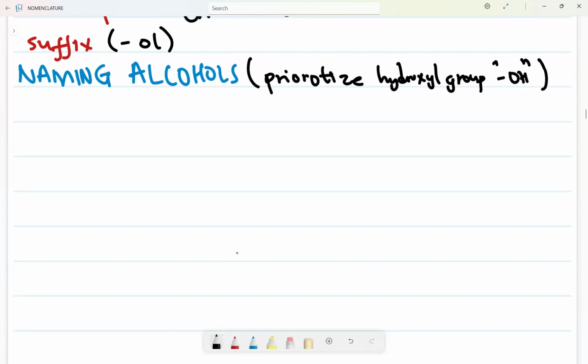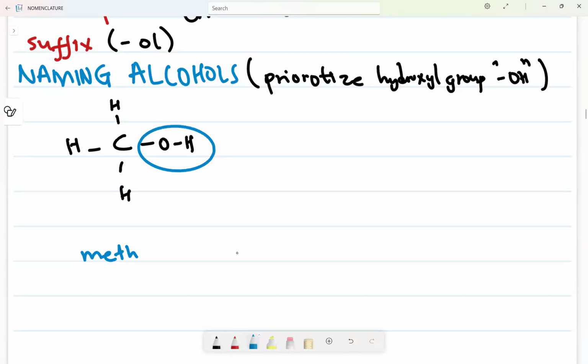Indeed. Now let's name this. If I were to name this, this is just basic. The longest chain is one carbon, so it is meth. Remember when I name, I should tell the examiner the carbon on which the functional group is found.